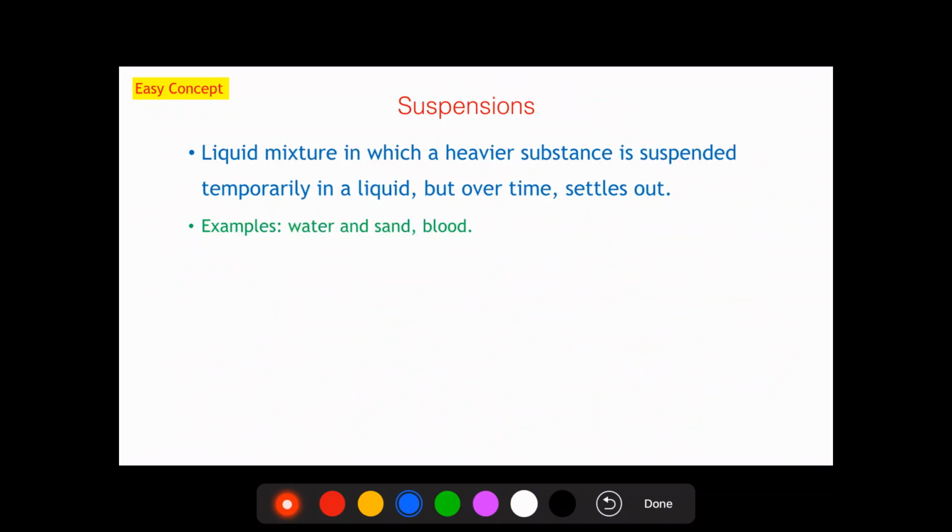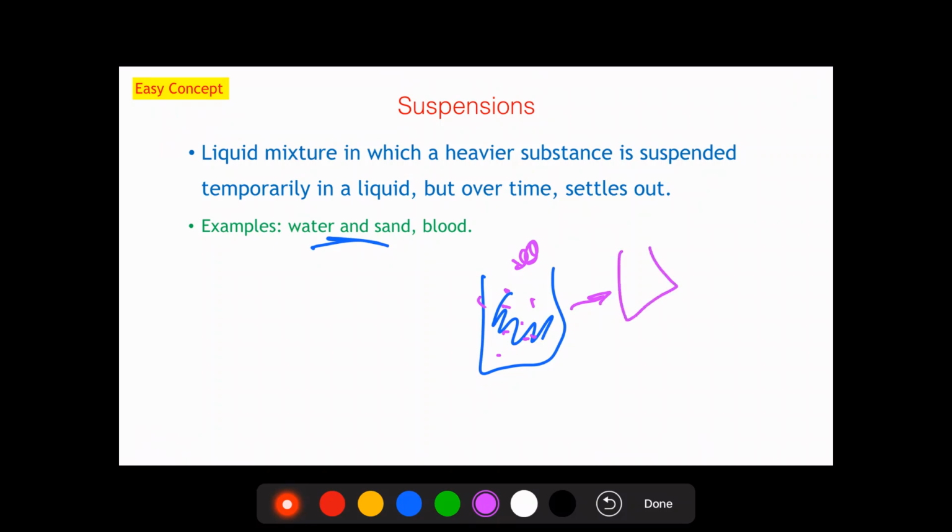And the third type is suspensions. Now here with suspensions, usually these are heavy solutes. So like for example, water and sand. You can put sand in water and stir it, right? And you will see the sand all over the place.